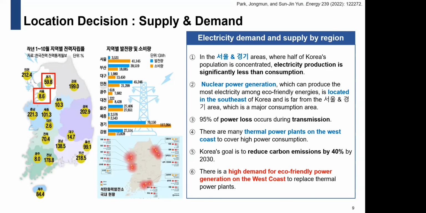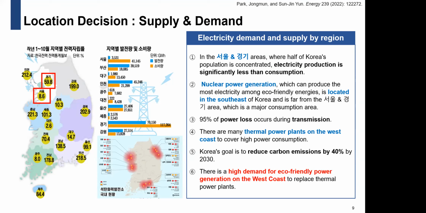First, it's supply and demand, and it's also related to infrastructure. As I mentioned, Seoul, Gyeonggi, and Incheon are getting bigger and becoming a mega city. They need more energy. In the case of Seoul, they only generate 8.6% of the energy they use, so more than 90% of the energy they use is from other cities.